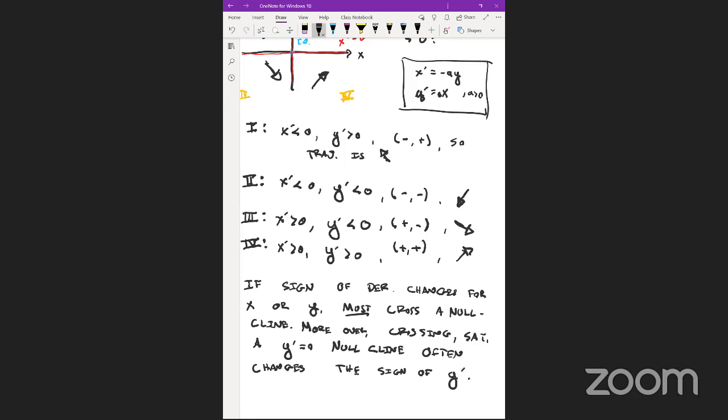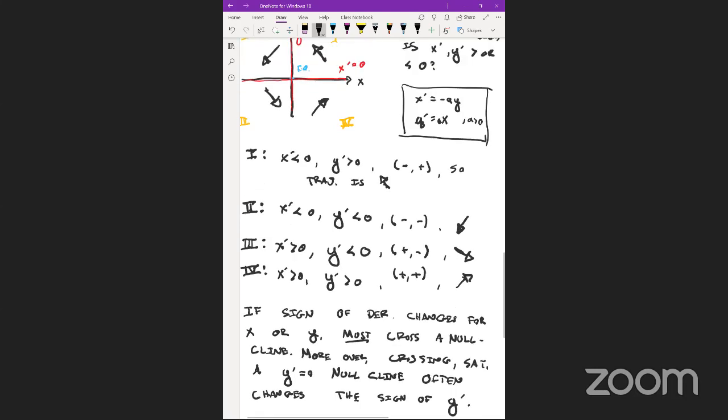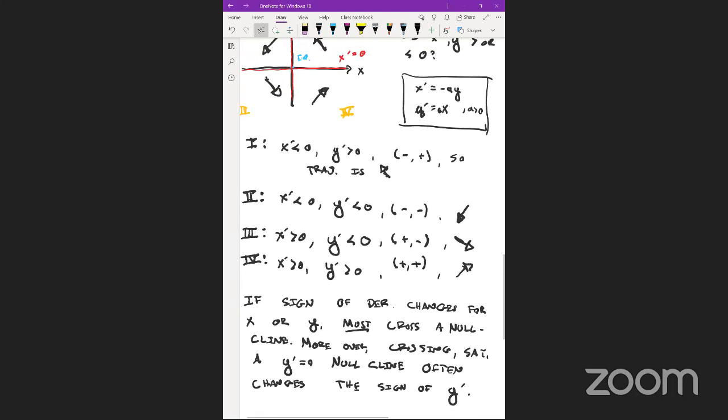Okay, quick question. Why do I say often? I'm using some kind of hedging language here. What would be the situation in which we had a null cline, so y prime is equal to 0, but we don't actually change sign as we cross it? The sign of y remains, say, positive or negative.